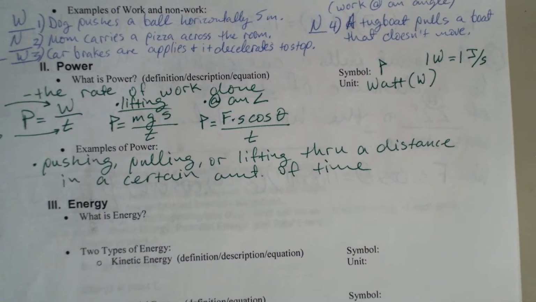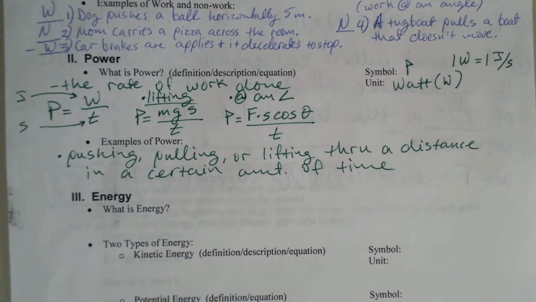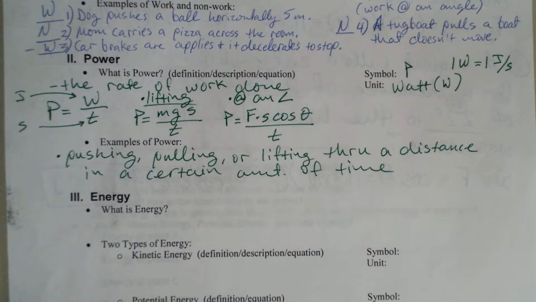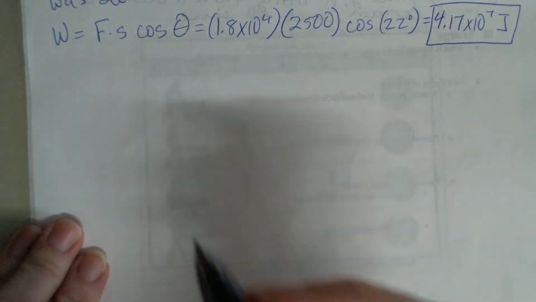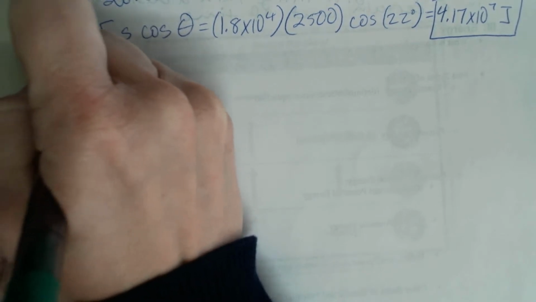Okay, so that's all the power, and then we'll do one example problem on the back of this sheet underneath where you have already done your work examples. So if you will turn to the back of this page. Okay, so we have a power example.